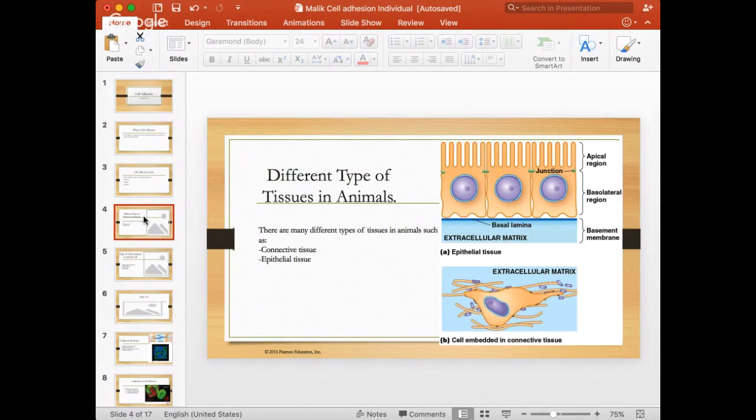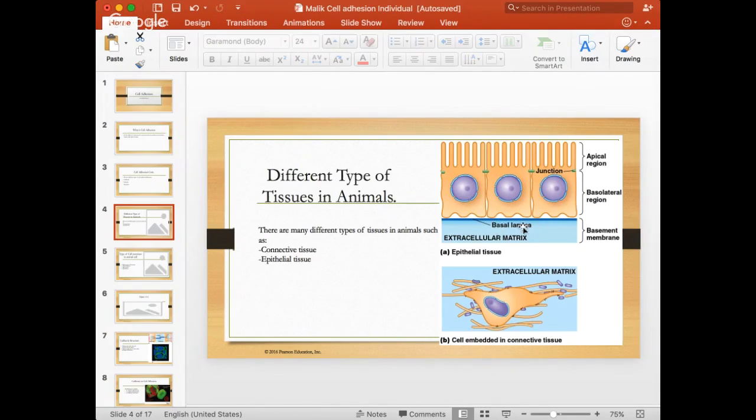And before I continue, these are the junctions of the extracellular matrix. We do have the apical region and we do have the basolateral region as well.